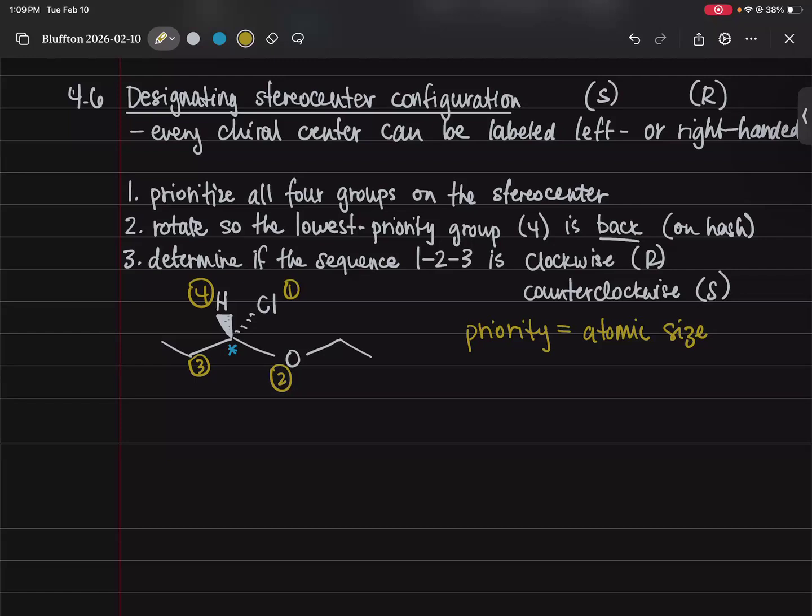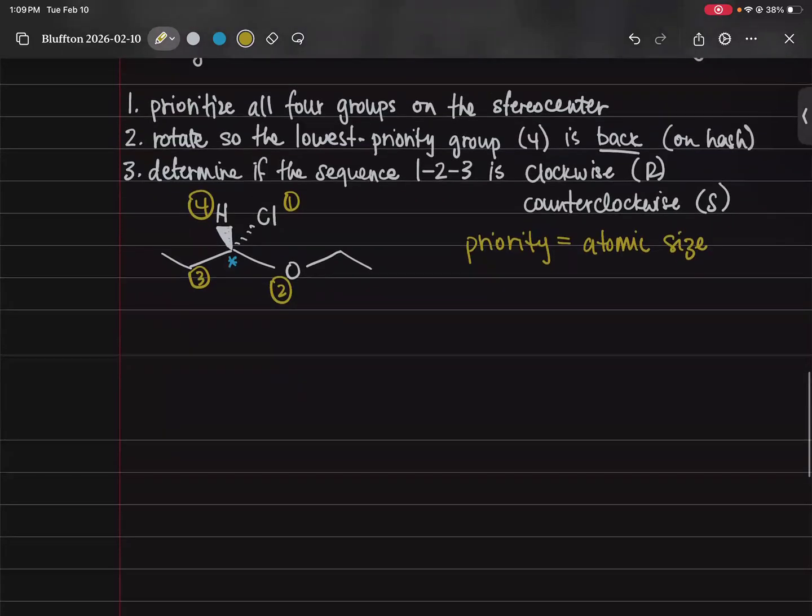Now we need to rotate the molecule, not mirror, so that the lowest priority group 4, the hydrogen, is back. This step here is, if there's a hydrogen, that's what we're going to be dealing with. Okay, so I made it hard on us, and we don't have this case currently, so we're going to have to mess with the molecule. The hydrogen is leaning forward right now, so we need it turned around going backwards.